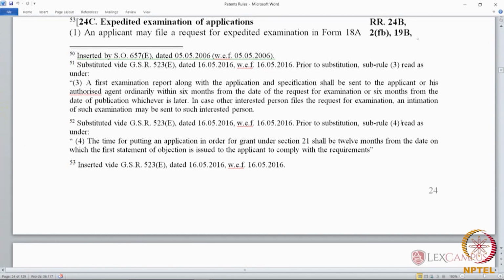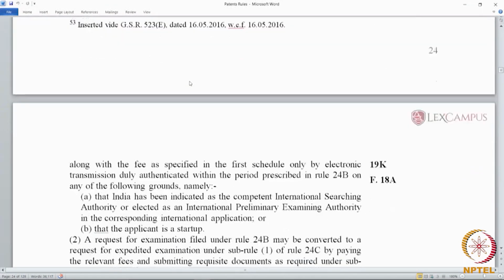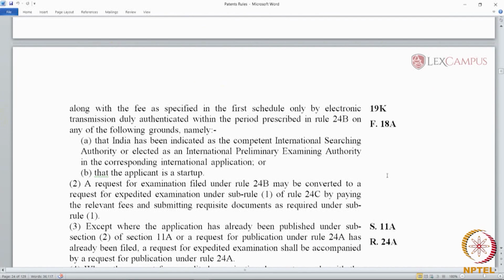Form 18A was again introduced by the Patents Amendment Rules 2016, along with the fee as specified in the first schedule, only by electronic transmission duly authenticated within the period prescribed in Rule 24B on any of the following grounds, namely, now these are the two grounds on which you could make a request for an expedited examination.